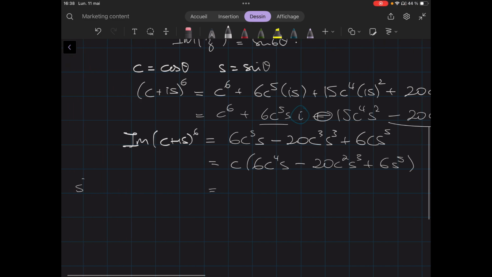Using the identity sine squared plus cos squared is equal to 1, express the entire thing in terms of sine.